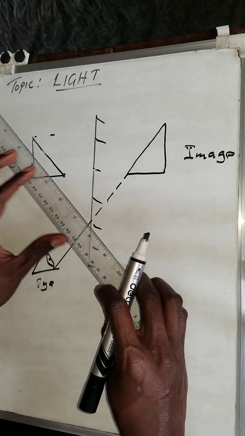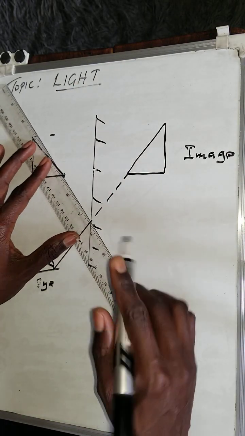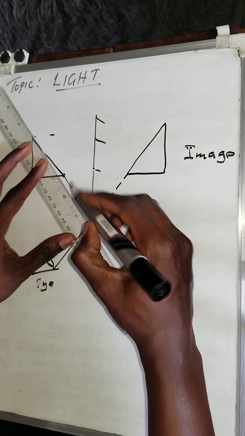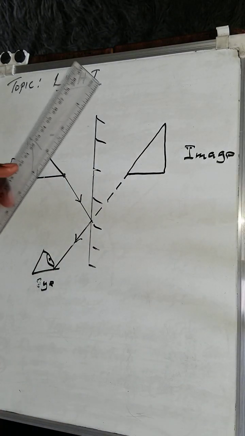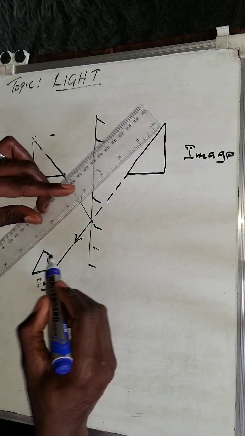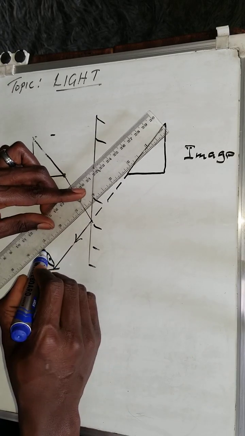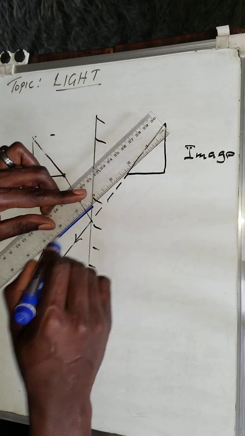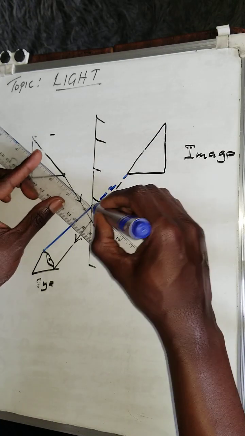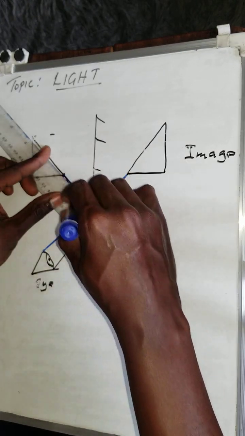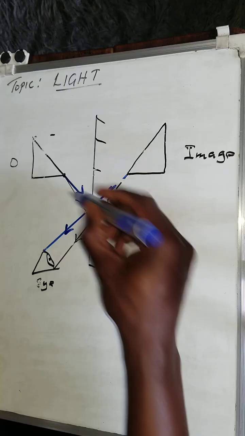Then from the point where it is cutting the mirror, take it to the point that you are looking at. So the ray will come in that direction. If I was using the other side of the eye, again in front solid, behind dotted, then where it is cutting the mirror, take it to the same point that you are looking at, and this is the way it is going to be.